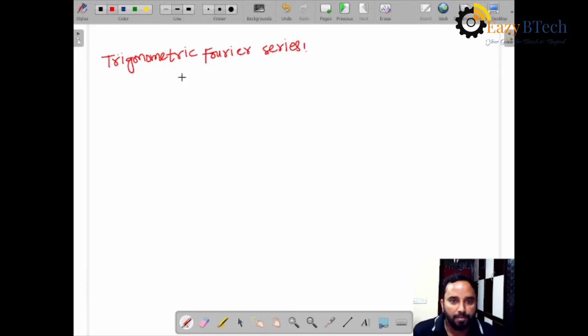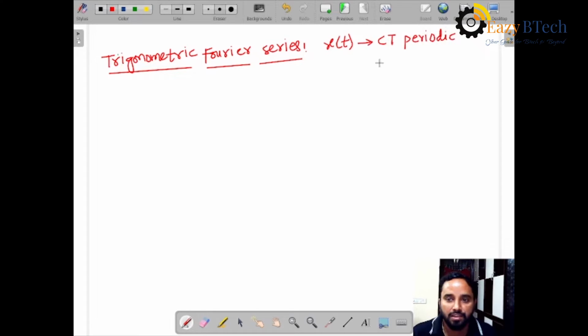I am taking a continuous time periodic signal x of t, with period capital T. What is the time period of this signal?